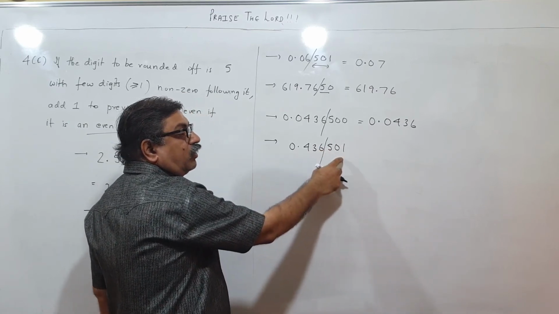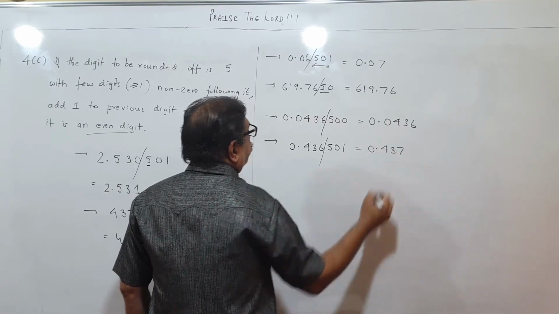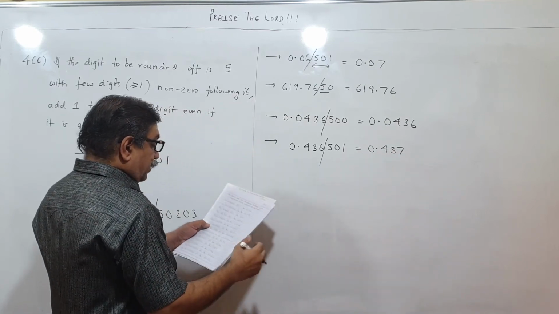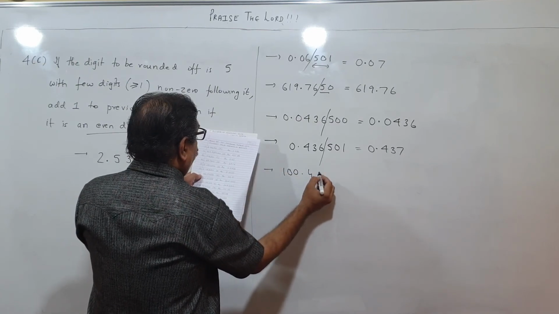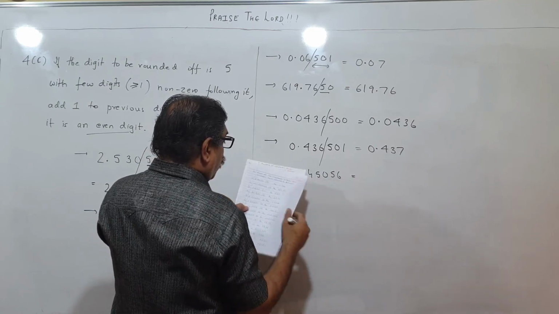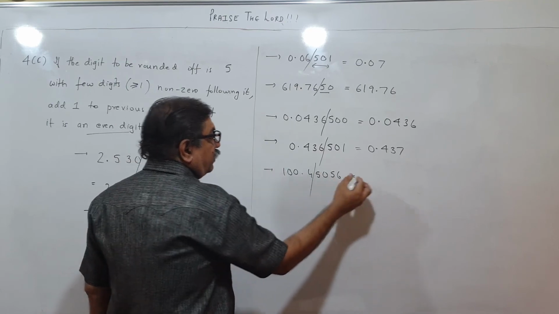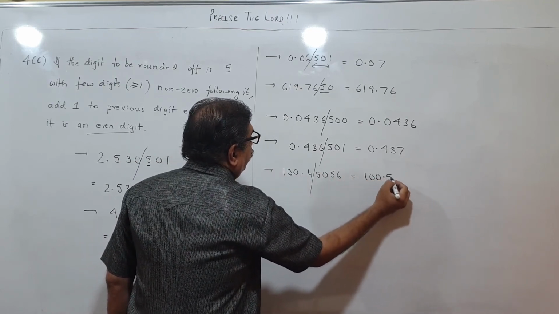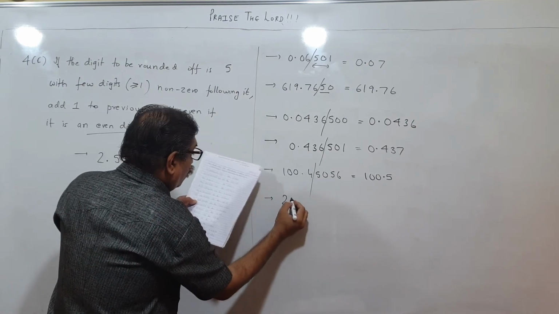Now after 5 there are non-zero digits, so this will be 0.437. Then 100.45056. I want to round off up to here. So after 5 there are non-zero digits, so this will be 100.5. Please remember.